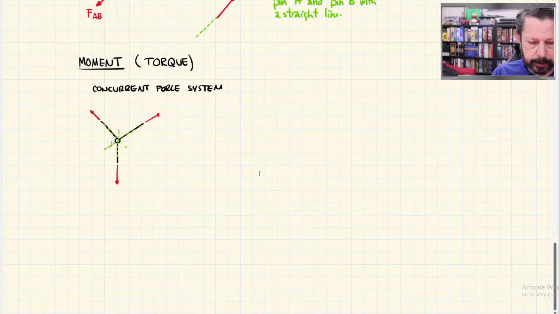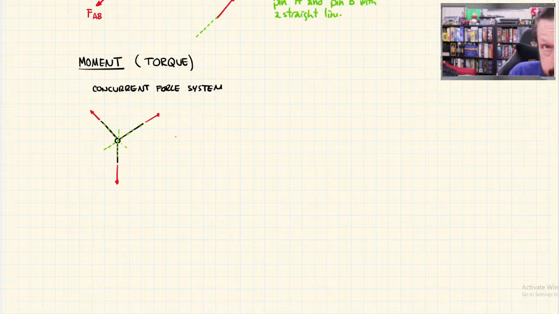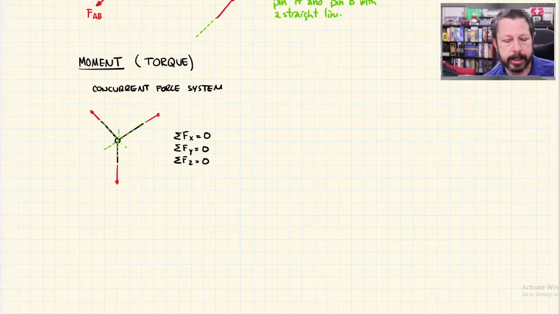The cool thing about the concurrent force system is that we had 3 equilibrium equations. We just wrote them down, but I'll write them again. These 3 equilibrium equations, x, y, and z, meant that whatever body was in the center, I've just got a black dot, was held stationary in the x direction, the y direction, and the z direction.